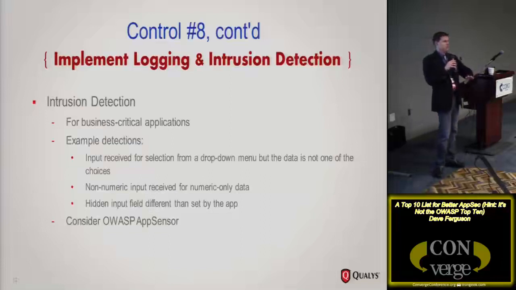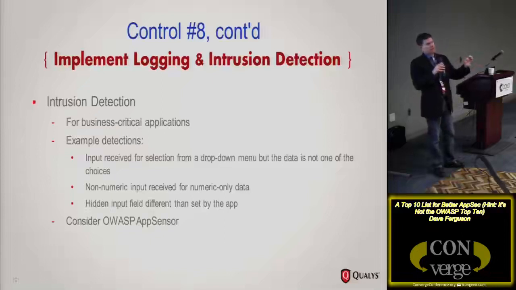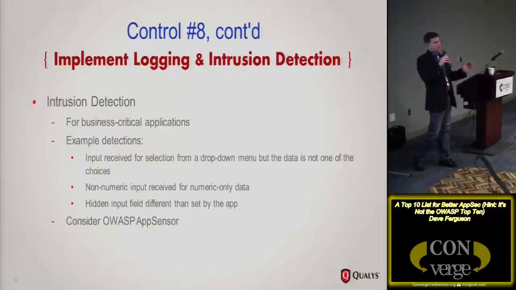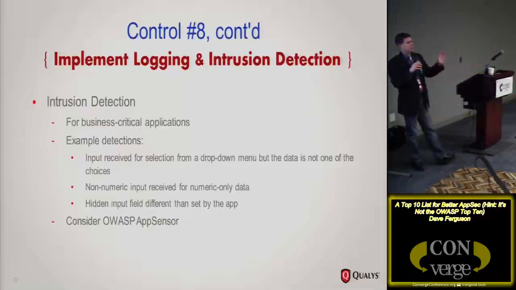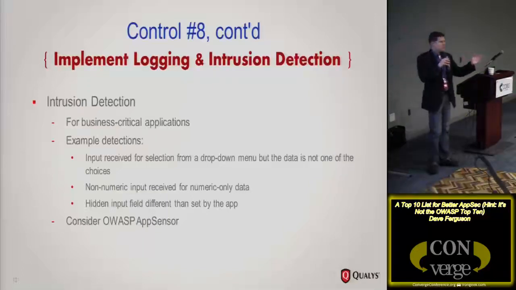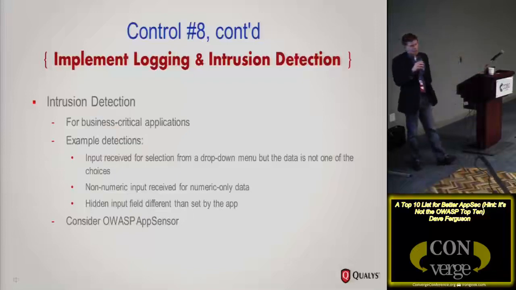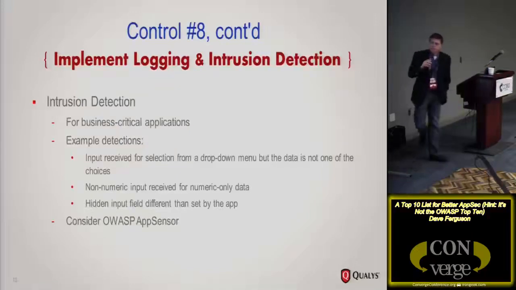A normal user would never change those values. Whatever the value is, it's going to come into the server that way. But if the values start coming in differently, even if it's not SQL injection attack strings, maybe just regular data that is different than what was set by the application, that's another clue that you could be under attack.